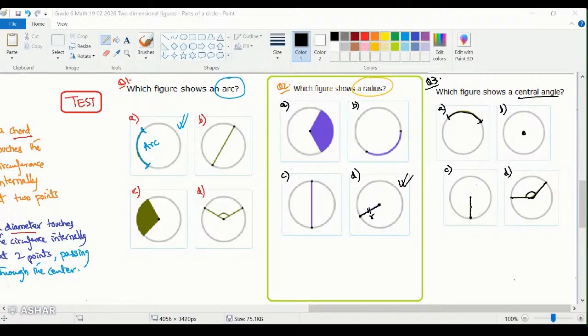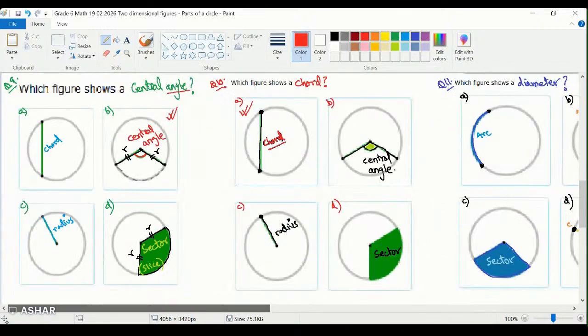When we talk about the central angle, we look at which diagram has an angle on it, right? Yes, thank you. Option D is correct. Thank you, Ashik. Let's try one more.